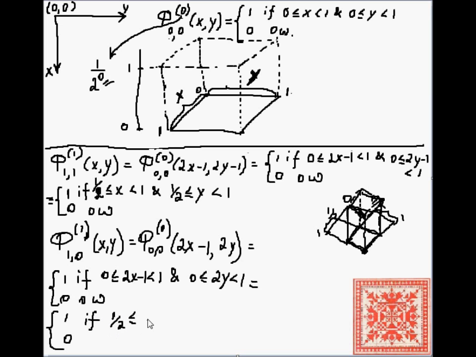So a little algebra: 1 if x is strictly less than 1, greater than or equal to 1 over 2, and y greater than or equal to 0 and less than 1 over 2, and 0 everywhere else.